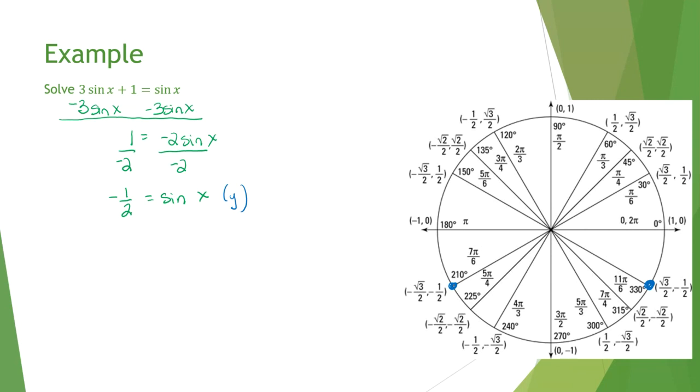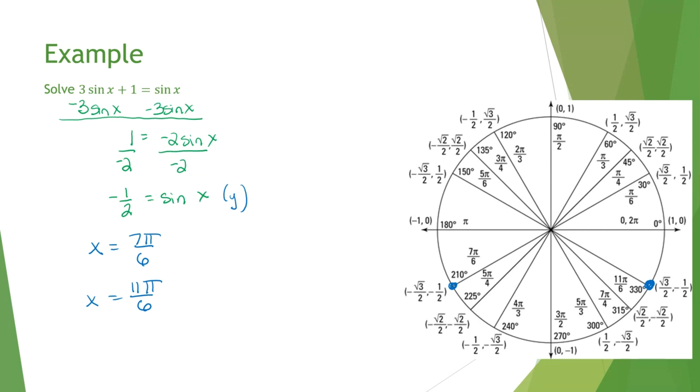So we can use the unit circle to figure out that our angle, our x, must be 7 pi over 6 and 11 pi over 6. Those are the 2 places where the sine value is negative 1/2. So I can use the unit circle to figure out what x is without having to use my calculator here because it's one of the standard angles.